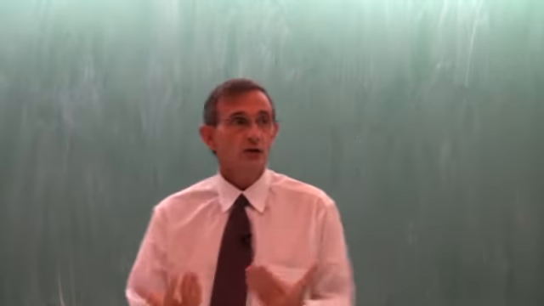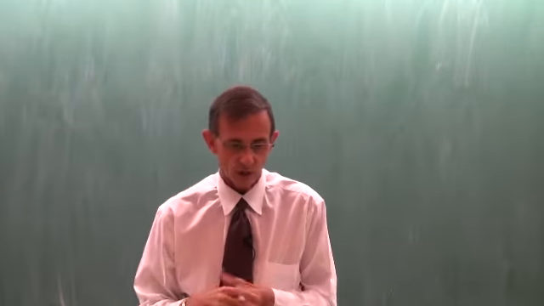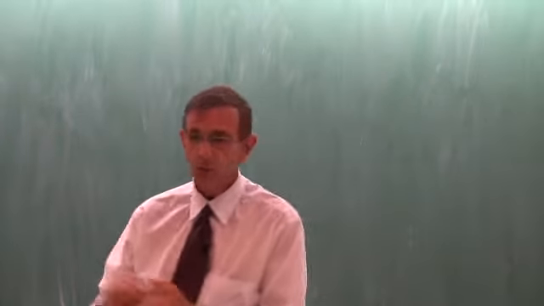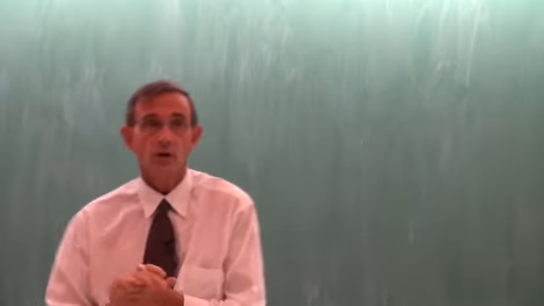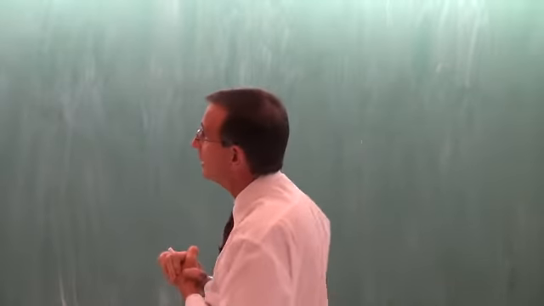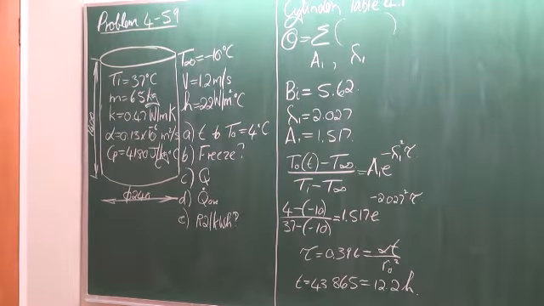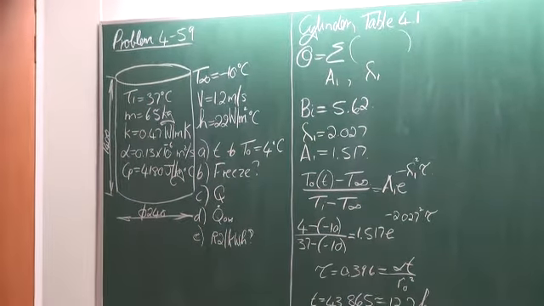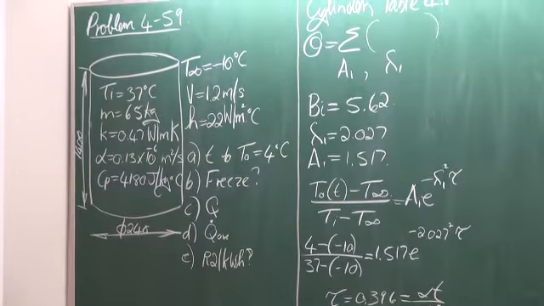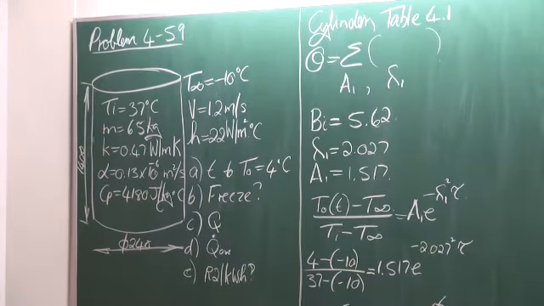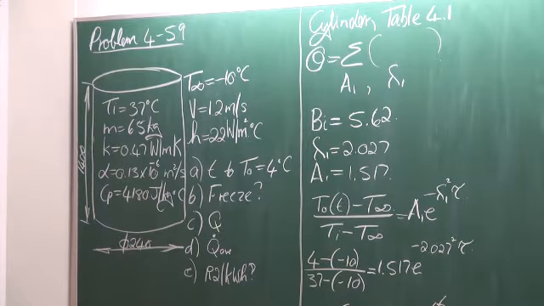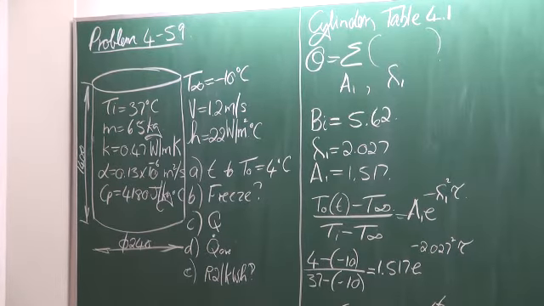Okay. Now, in terms of the applications of these equations, we already did an example, and now we are busy with another one, which is problem 4.59 at the back of the textbook of Cengel and Ghajar. This problem is about a beef carcass of 65 kilograms. The k value and alpha are given. It is initially at a temperature of 37 degrees Celsius, to be cooled by refrigerated air at minus 10 degrees Celsius, flowing at a velocity of 1.2 meters per second.